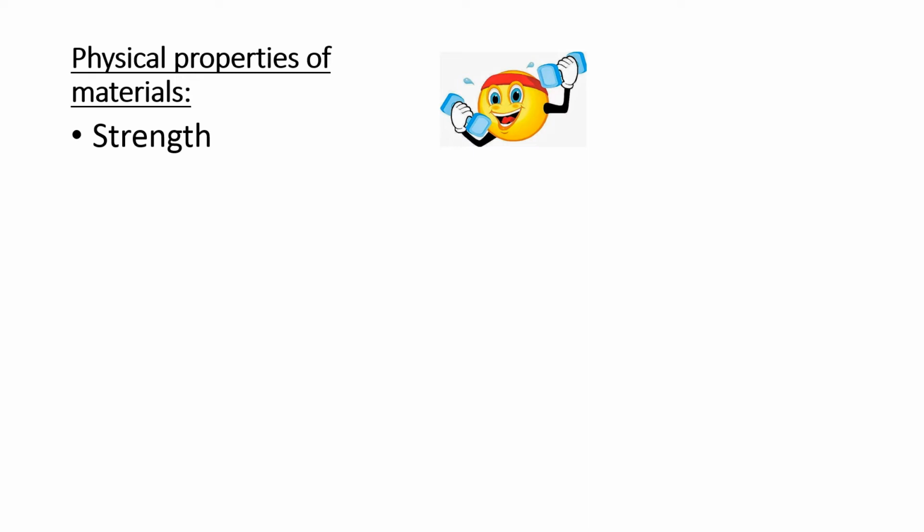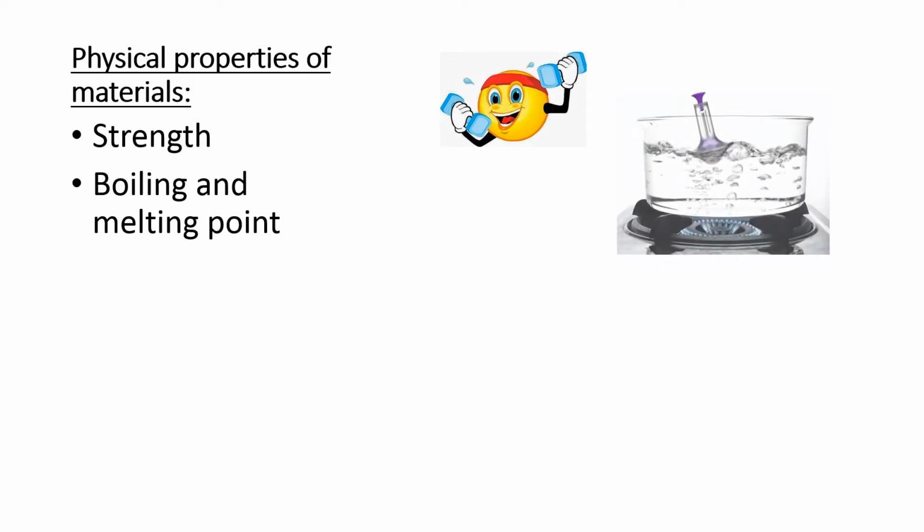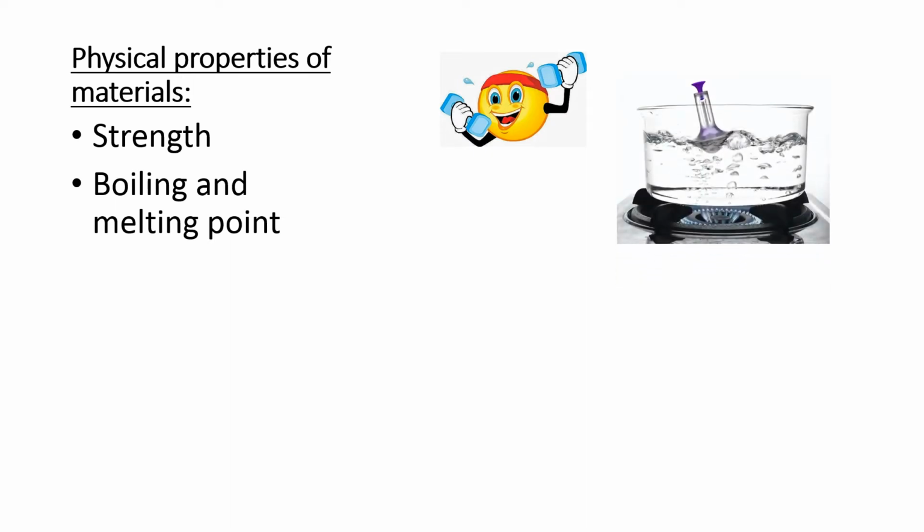The next one is boiling and melting points. There you can see the picture with the water. If we put it on a stove, you will see it takes a long time before the bubbles start coming up. That is the boiling. As soon as you see the bubbles in the water, you will know it's the boiling point.